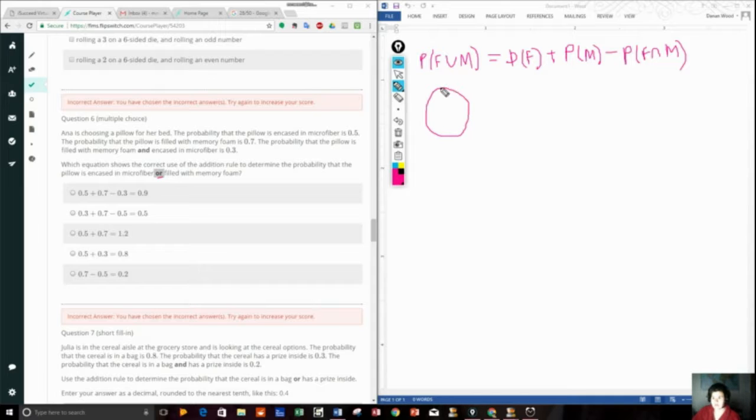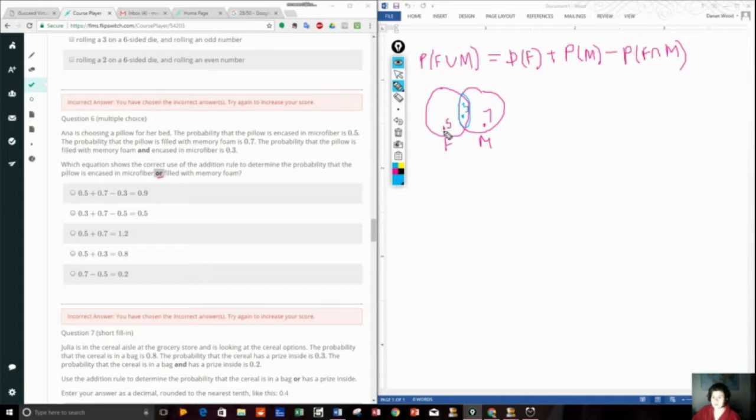We have microfiber, and the total in here is 0.5. And then the other one is memory foam, and that total is 0.7. But they also give us a big clue. It says that filled with memory foam and encased in microfiber, that's this section right here, is 0.3.